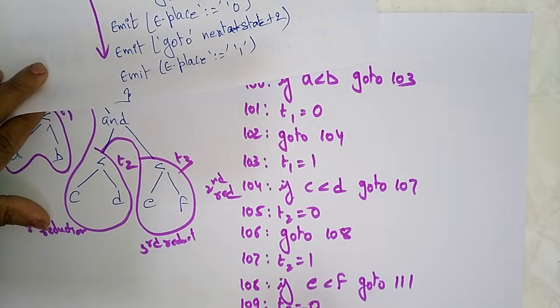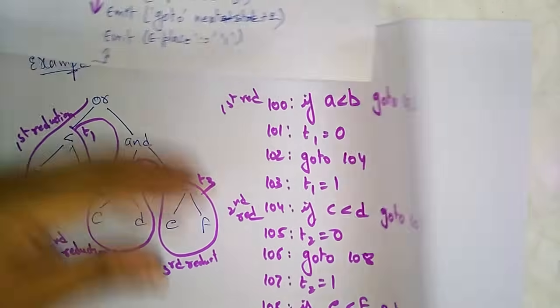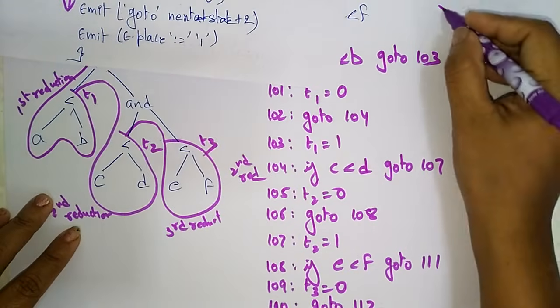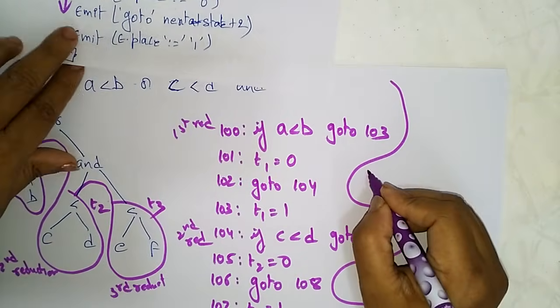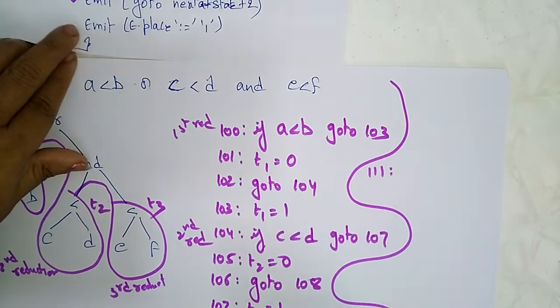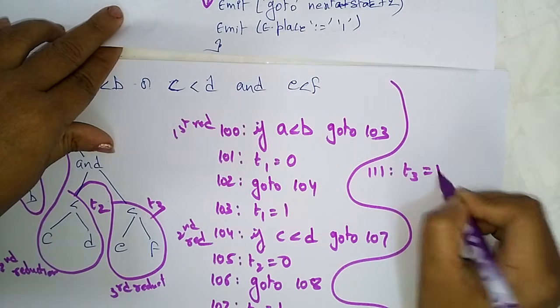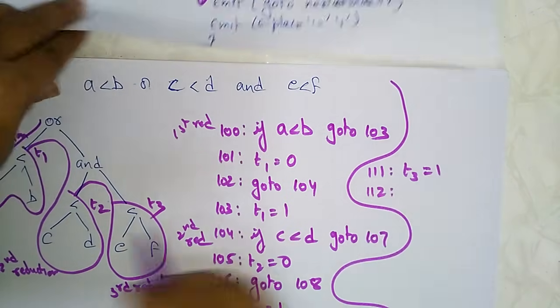T3 is equal to 0. 110: go to plus 2, 112. And 111 is T3 is equal to 1. So 112 is next.